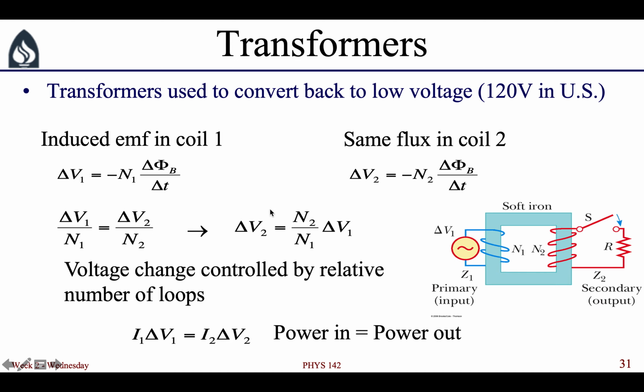And so then we can solve this equation for V2, and we can see that the voltage in the secondary coil is equal to the ratio of the number of turns in each of these two coils times the voltage in the primary coil. So we can control the voltage drop or the voltage gain by the relative number of loops. In any case, the current times the voltage in the primary and the secondary coils are the same. Power in is equivalent to power out.